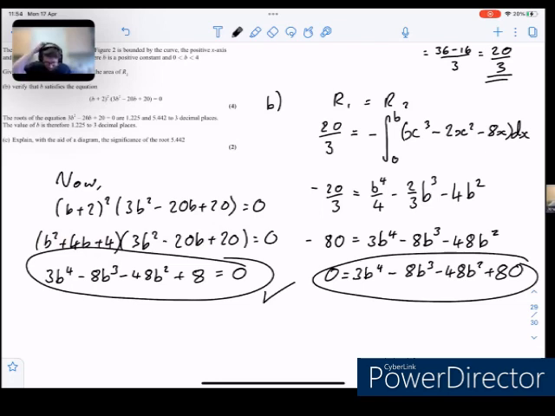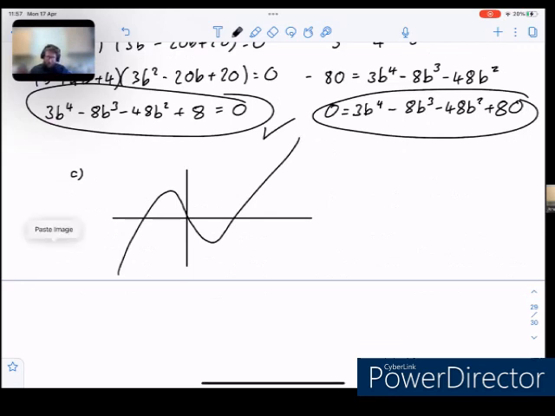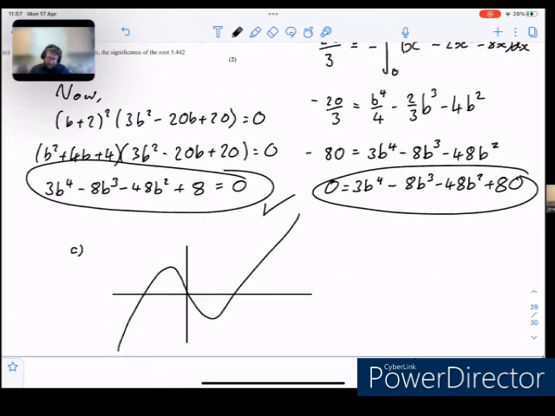Okay. So now for part C. The roots of the equation, this right-hand side, are given to 3dp. The value of b, therefore, is 1.225 to 3dp. Explain with the aid of a diagram the significance of the root 5.442. So let's carry on that graph.